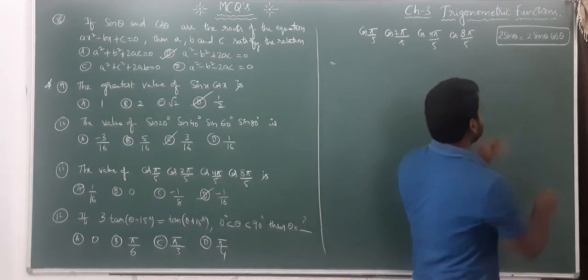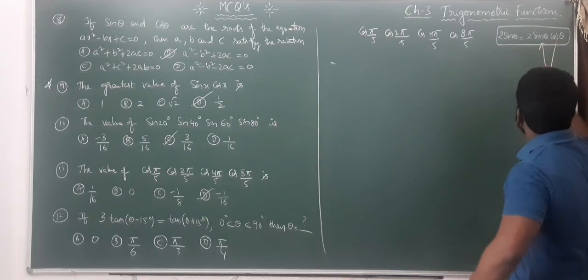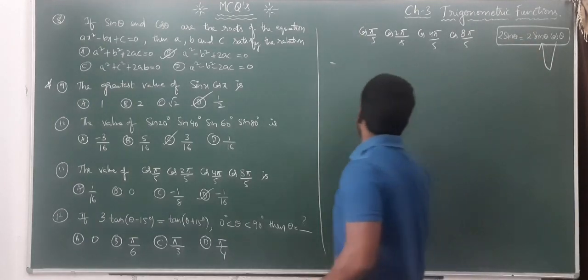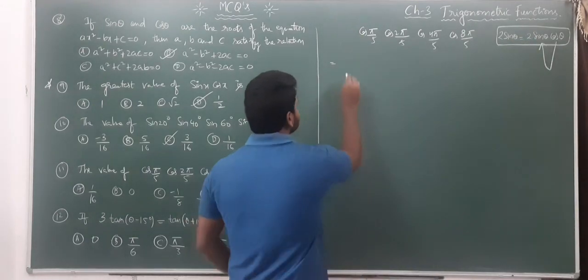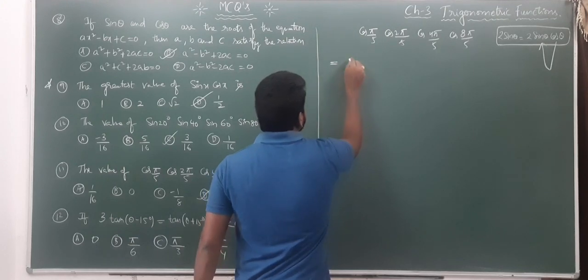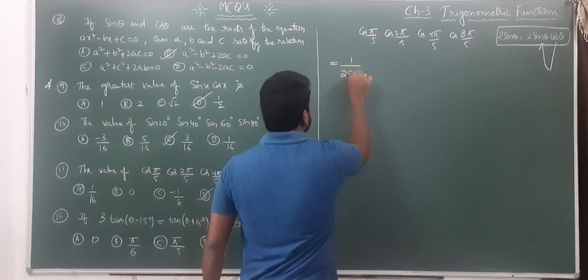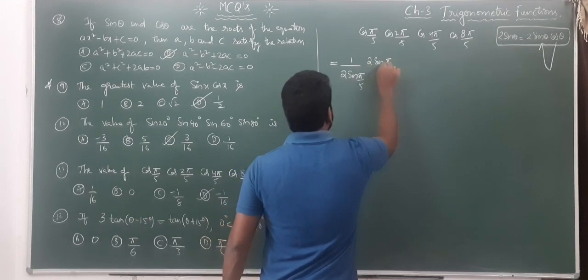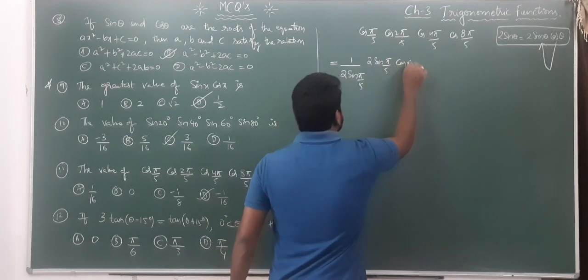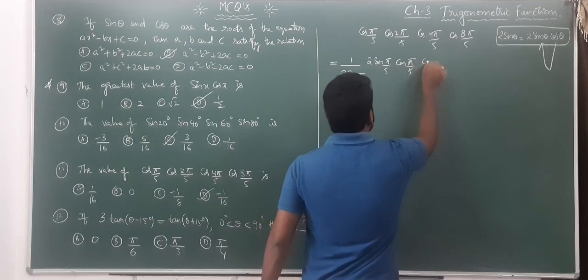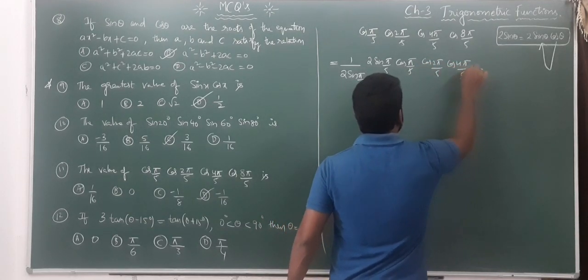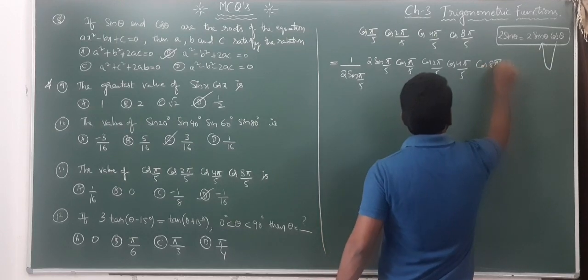But if we multiply that cos term with this sin, we will get terms in sin. So like that we need to multiply. See here what I will do is, I will multiply and divide with 2 sin pi by 5, cos pi by 5, cos 2 pi by 5, cos 4 pi by 5 and cos 8 pi by 5.